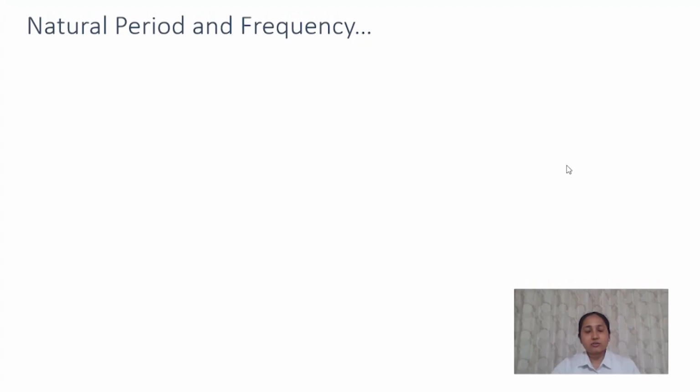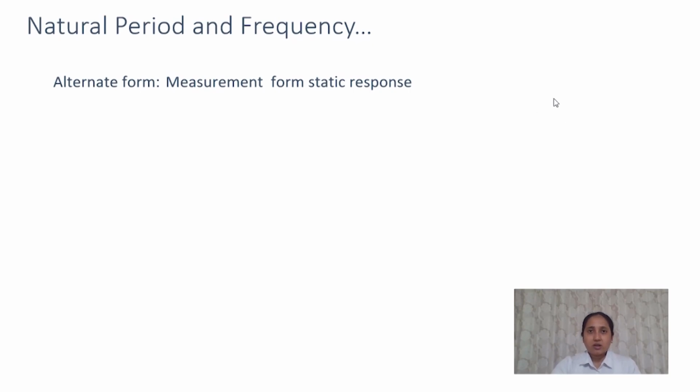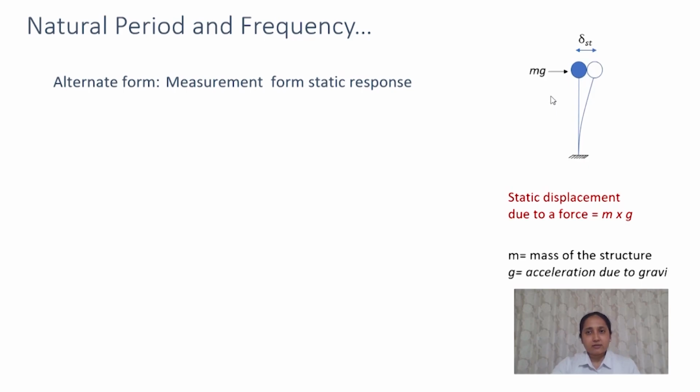Now we will see an alternate method of calculating natural period and natural frequency. So that is using static response. So we have seen that the natural period and natural frequency depend only upon the mass and stiffness of the structure. So we can also calculate these frequency and period using static response. How do we do that? Let's see.